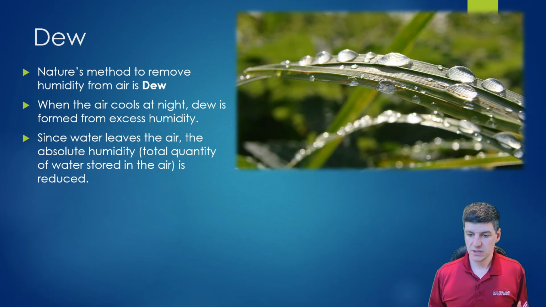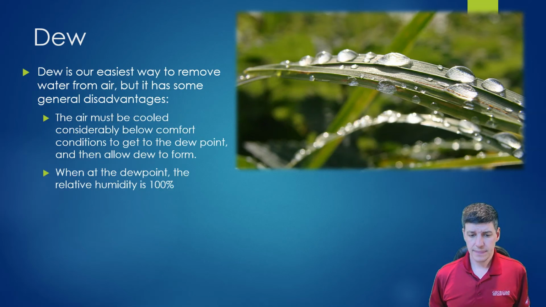And dew is just humidity that condenses out. And what's left is some air that holds less moisture. So condensation through dew is how we're going to dehumidify our air. But it has some disadvantages.